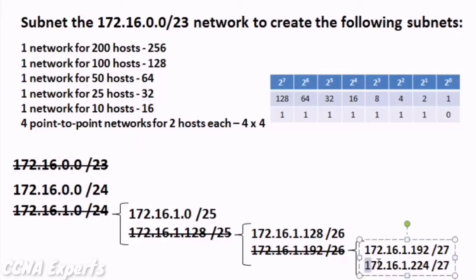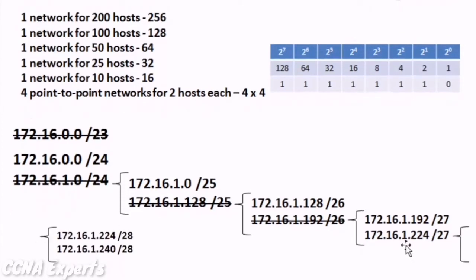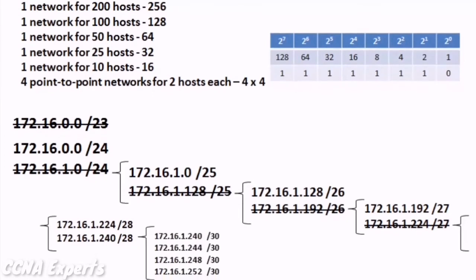I can take the second of these two subnets for 32 hosts and subdivide it into two 16-host subnets. To do this, we take the 224/27 subnet, change the subnet mask from /27 to /28, and now I have two smaller subnets. From here, I take the second of these two 16-host subnets, I only need one.